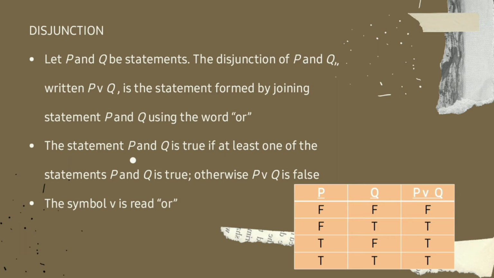The statement P ∨ Q is true if at least one of the statements P and Q is true, otherwise P ∨ Q is false. So the symbol ∨ is read or. This is the symbol of disjunction. So we have an example of a table for disjunction.